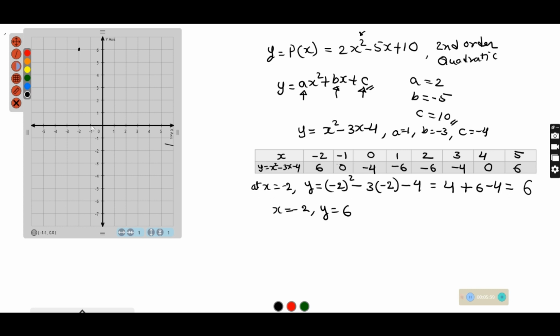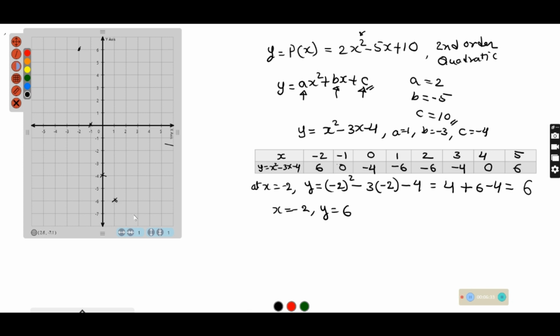So this is the first point and this is the second point. Then at x is equal to 0, y is minus 4. This is the point. At x is equal to 1, y is minus 6. This is the point.